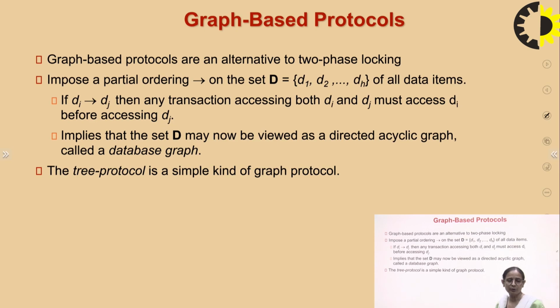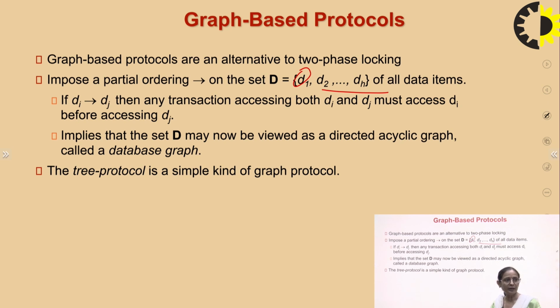Another set of protocols is the graph-based protocol. Graph-based protocols are an alternative to 2PL. We impose a partial ordering on the set of data items. These are my data items, and we specify that D1 needs to be accessed first, then D2, then D3, and so on.